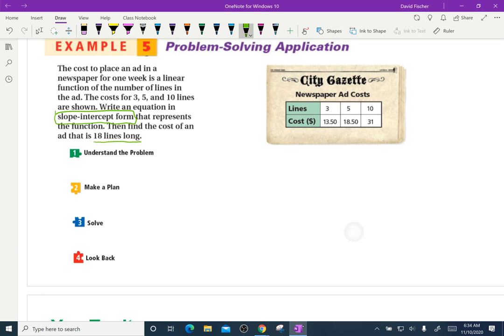So let's use two coordinates here. Let's call 3 and 1350 and 5 and 1850. Okay, so let's find our slope. M equals 1850 minus.